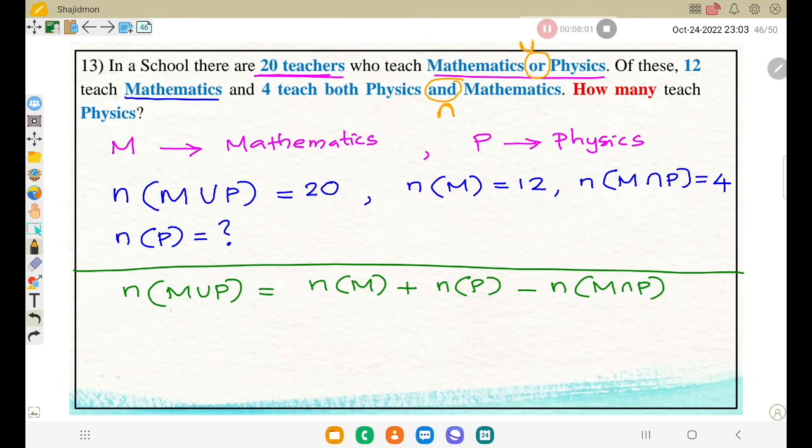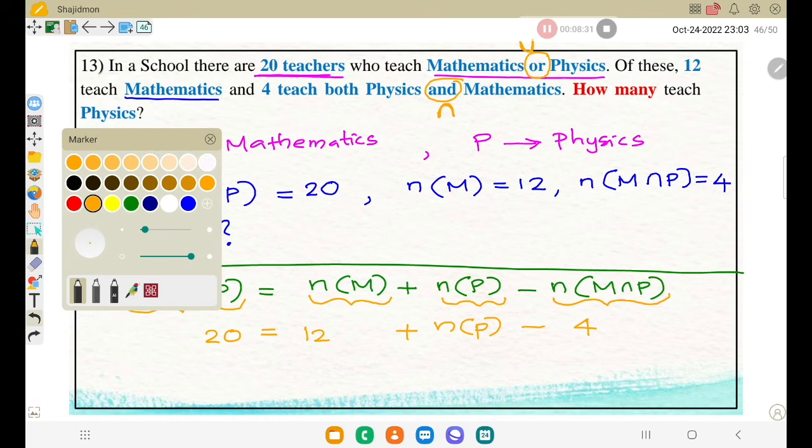Number of M union P, what is that? 20. It's given in the question. 20 equals number of M, number of mathematics teachers, 12, plus number of physics teachers, we don't know, we need to calculate, number of physics, minus number of mathematics and physics intersection, that is 4, correct?